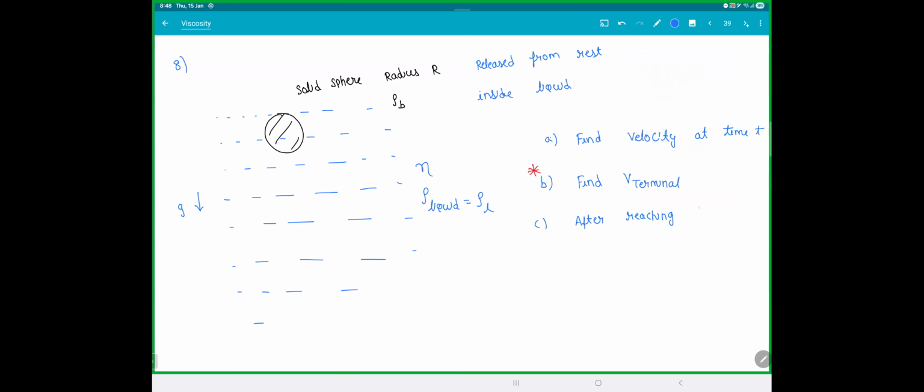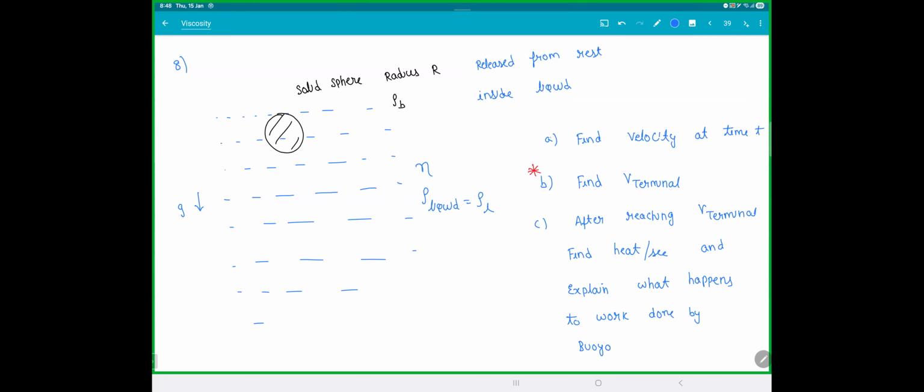After reaching v terminal, find heat produced per second and explain the work done by the buoyant force. Let's get the first two. Third one we will see.